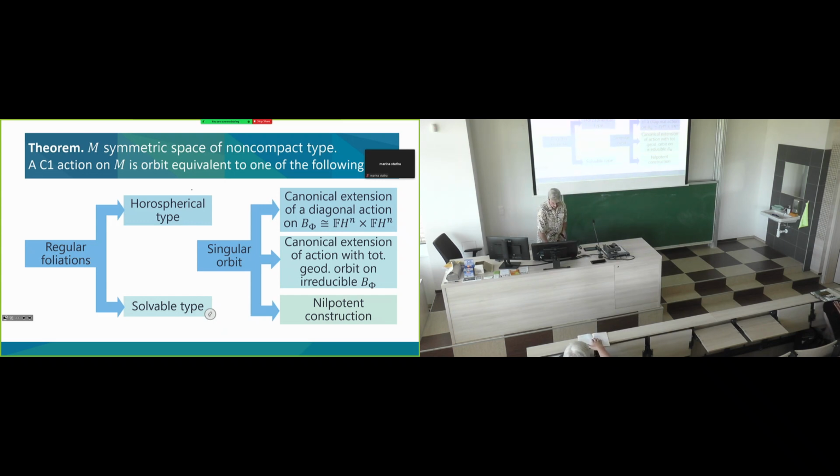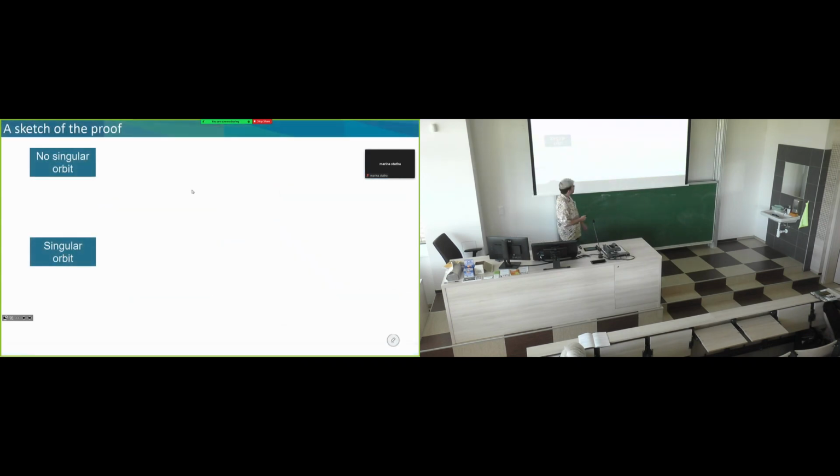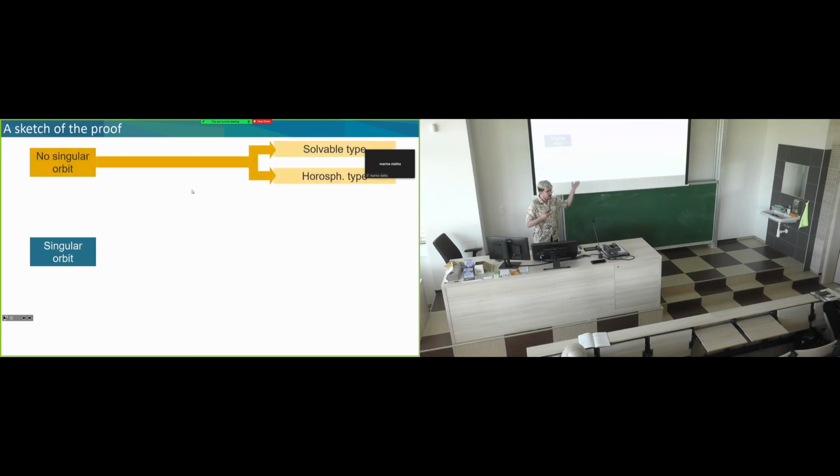So, how do we go about classifying this kind of thing? If the action has no singular orbit, it was already known by this result by Berndt and Tamaru that it must be one of these two. But the problem is when it has a singular orbit.